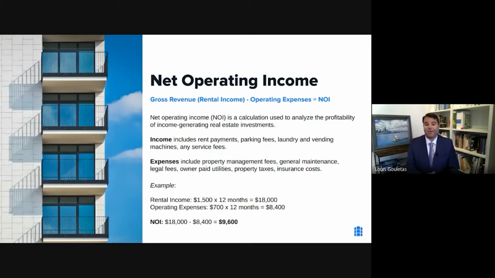Now, today with the COVID pandemic, stocks have an all-time price per earning share value. In other words, we're paying a lot for that stock to get the earnings that they're having. Why? Because, well, earnings are down across the board for many of the companies that are out there today.